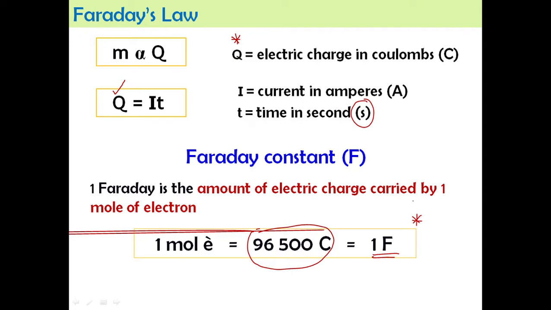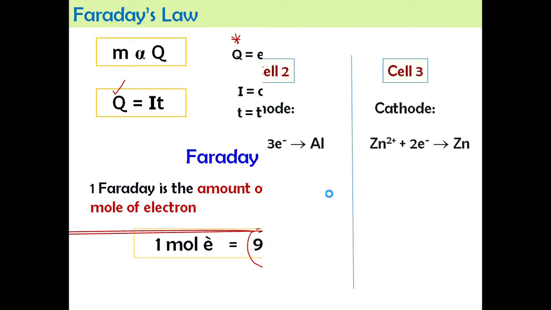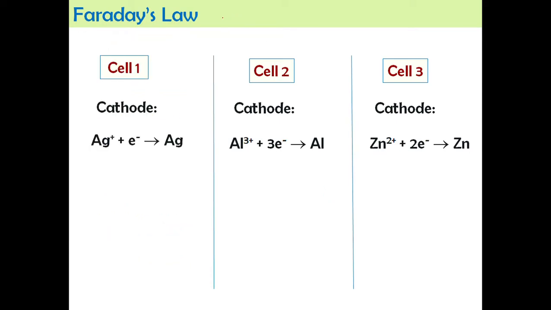Okay, so untuk fahamkan lagi about the Faraday's constant, kita tengok contoh dekat sini. Okay. 1 mole of electron will carry 1 Faraday, which equals to 96,500 coulomb. Okay? Jadi kita tengok sel yang pertama. Apa yang kita nak relate sebenarnya, kita nak tahu berapa mole of electron with our product. So, equation ini sangat pentinglah untuk awak tahu tulis the equation at anode and cathode.